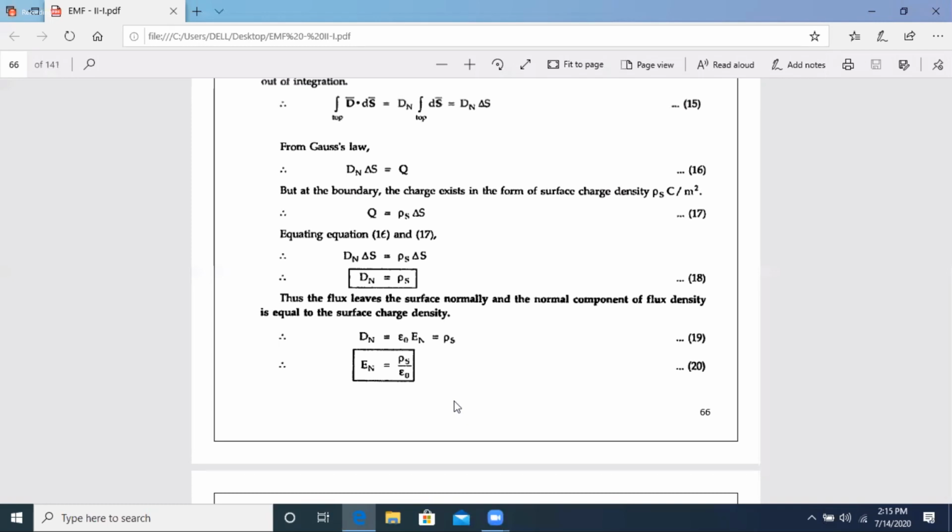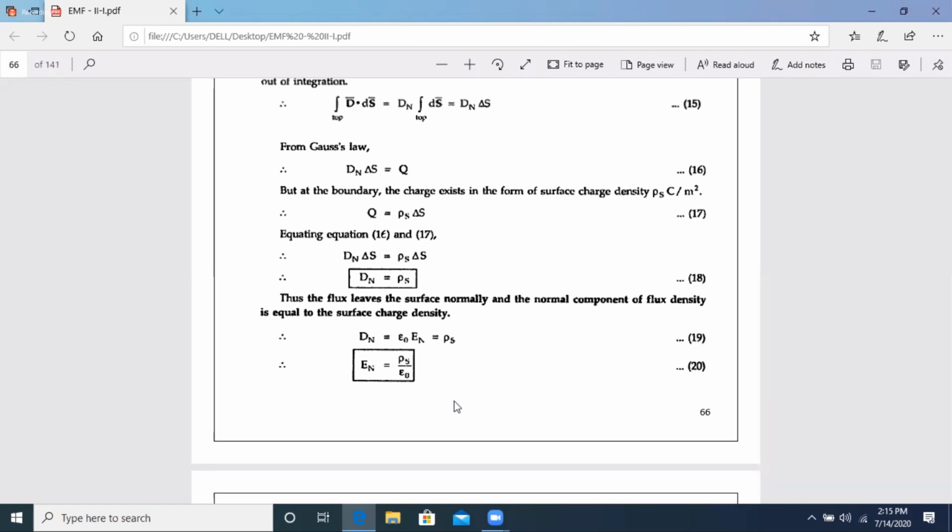So with the D normal 2, you use epsilon naught times the 4.